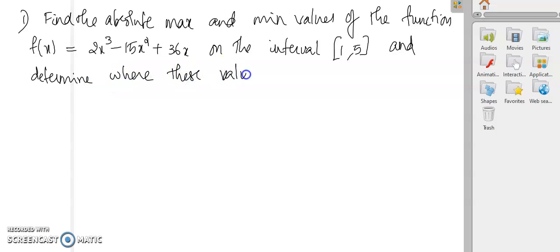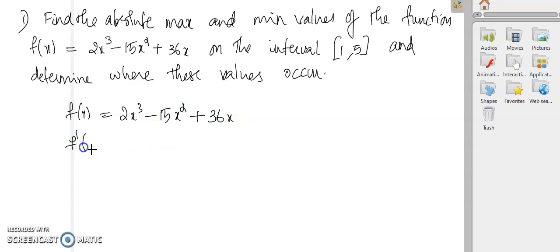So you have a continuous function over a finite closed interval, 1 to 5, and f(x) = 2x³ − 15x² + 36x.